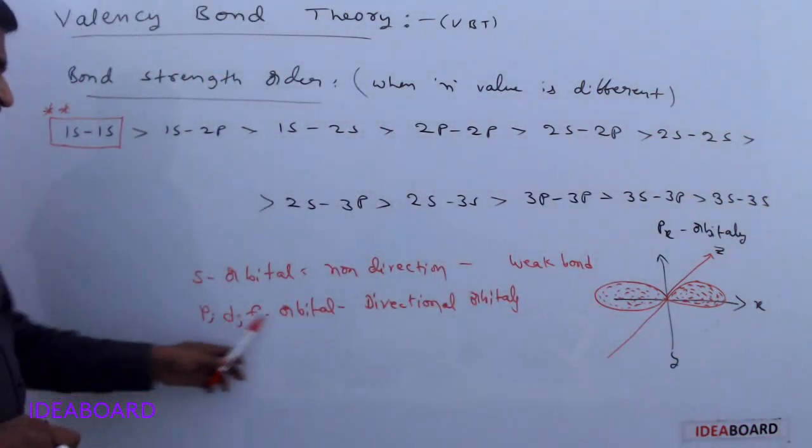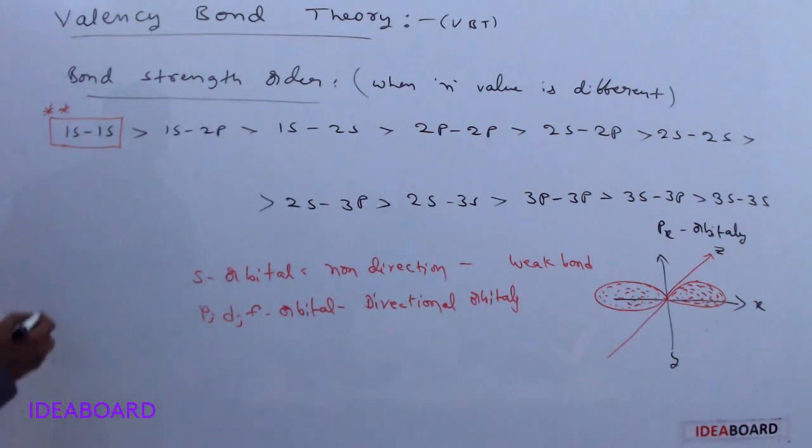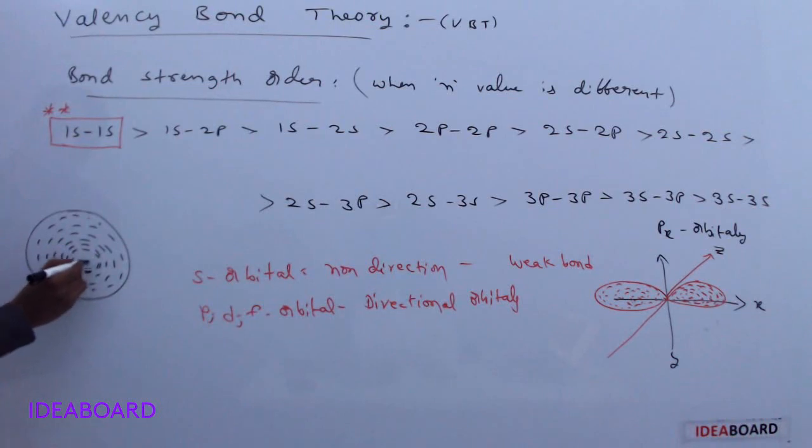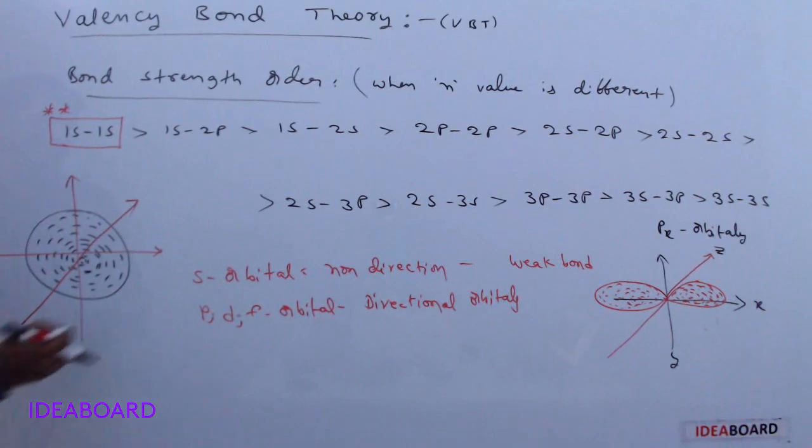So they are directional orbitals, whereas an s orbital is spherical shaped, meaning the electron density is present in spherical shape. Suppose this is the x-axis: in the x-axis direction we have electron density, in the y-axis direction we have electron density, and in the z-axis direction also.